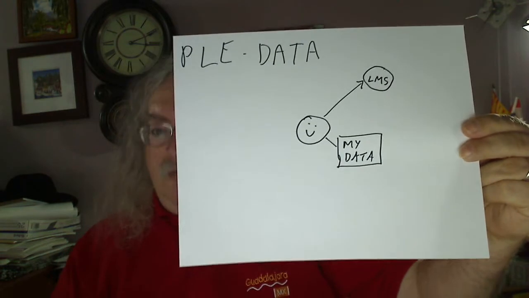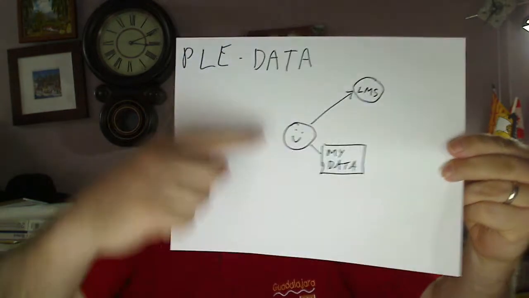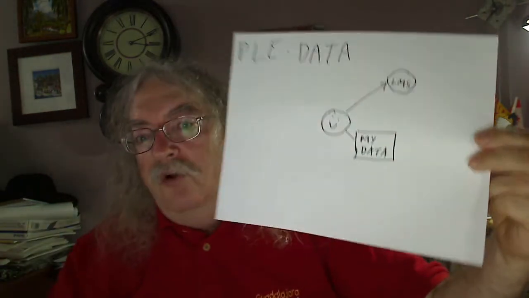When you've set it up this way, if an LMS wants to use some of your data, it goes through you. In fact, if any third-party service wants to use some of your data, it goes through you. That's how OAuth is supposed to work. That's how OpenID is supposed to work. The idea here is that in a distributed personal learning environment style network, you manage your own data, you manage your own connections, and you access resources directly.